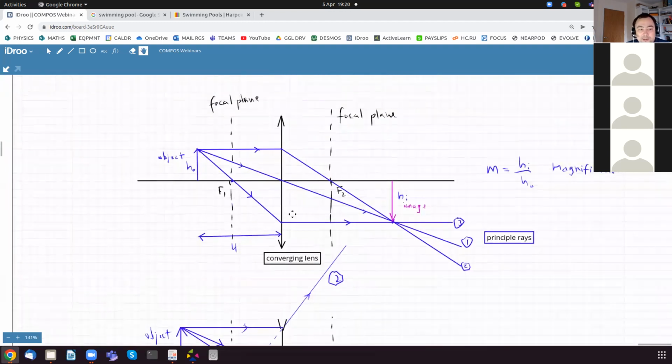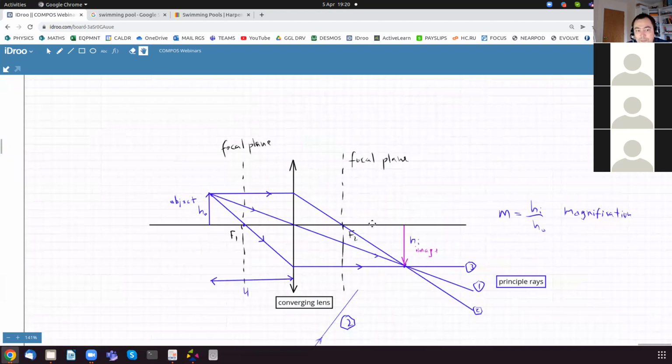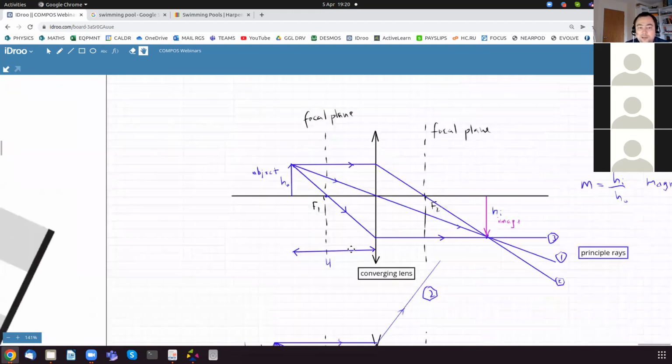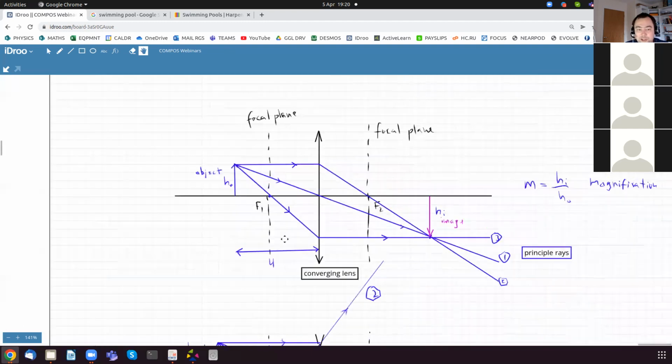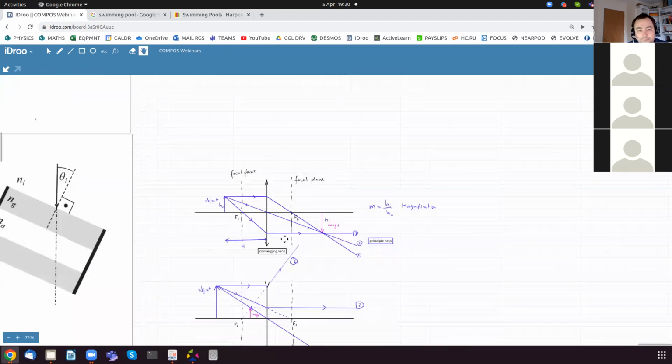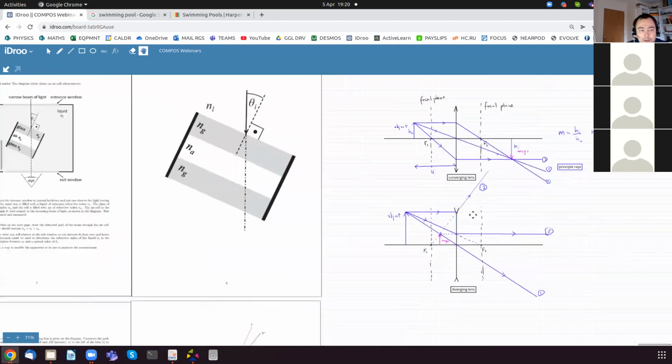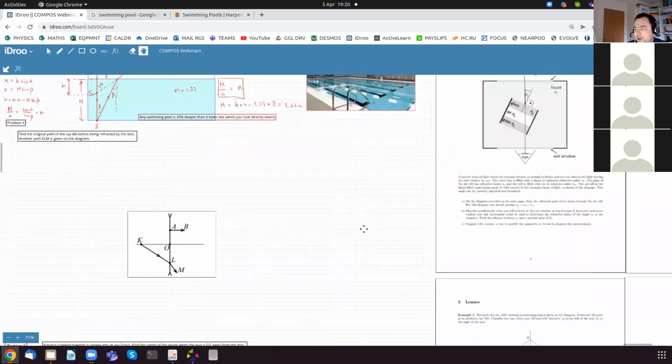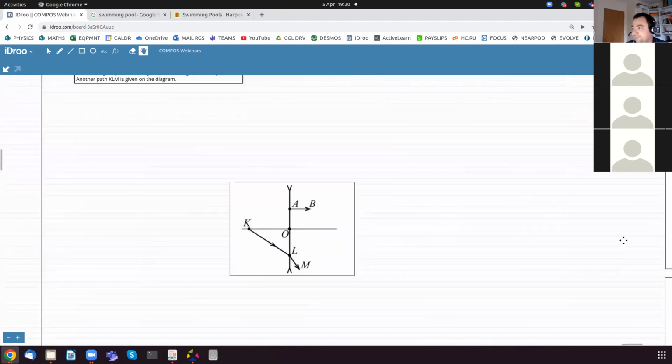For this one, it's going to make a difference. So the image is going to be virtual. Yeah, it's just going to be in a different position. You can look it up. There's loads of diagrams like this.